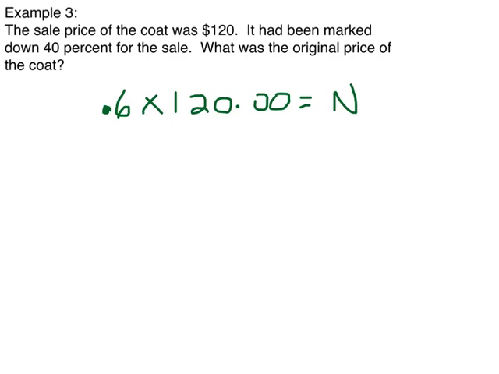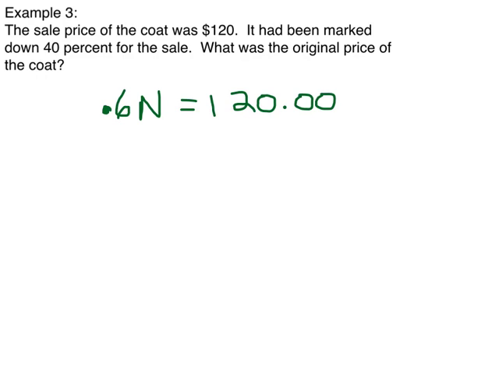No, I'm sorry. I did that backwards. 0.6, 60% of what number equals $120, because the 60% and 120 stand for the same thing, so they go on opposite sides of the equal in the equation.